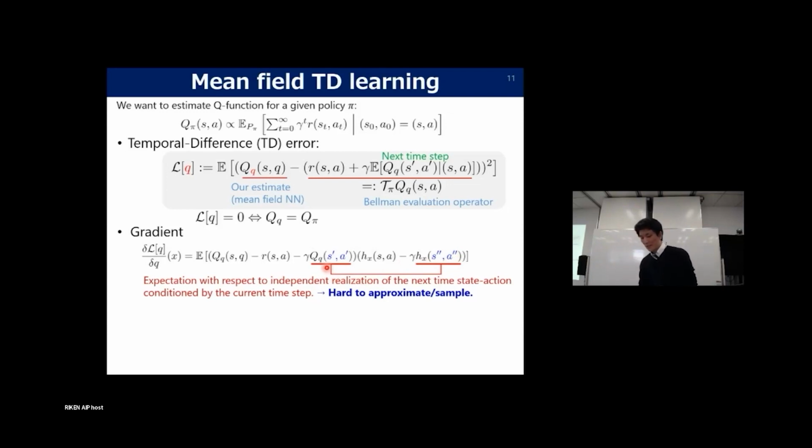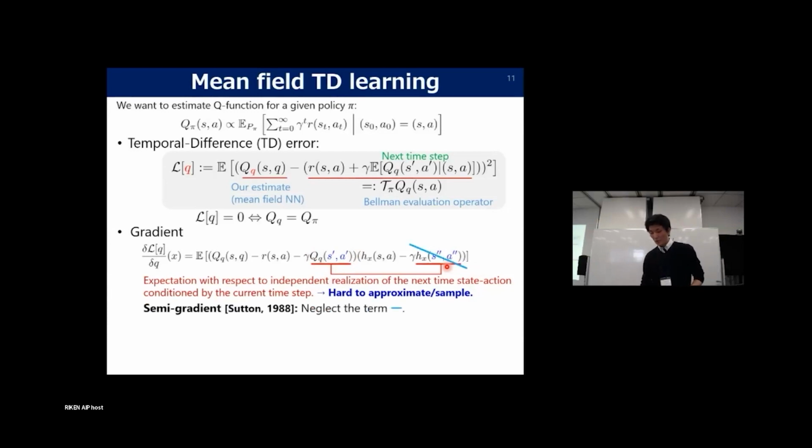So they have the same current state and action, and then we should generate an independent sample of the next step. But it is very difficult because if the state is continuous, in some episodes it is very difficult to go through the same state and action. So the expectation with respect to these terms is a bit difficult.